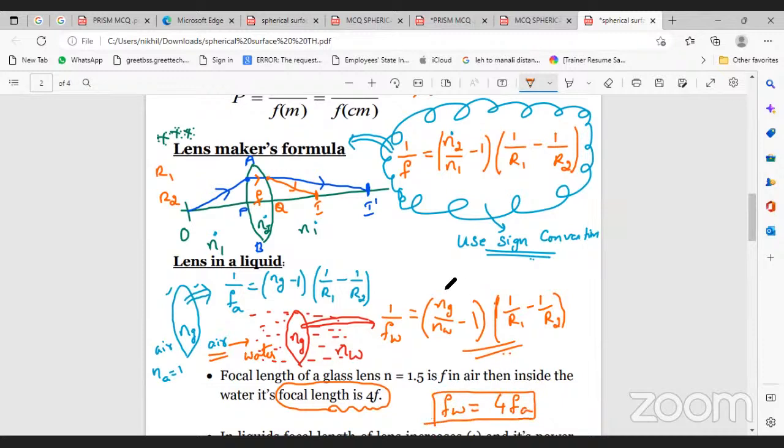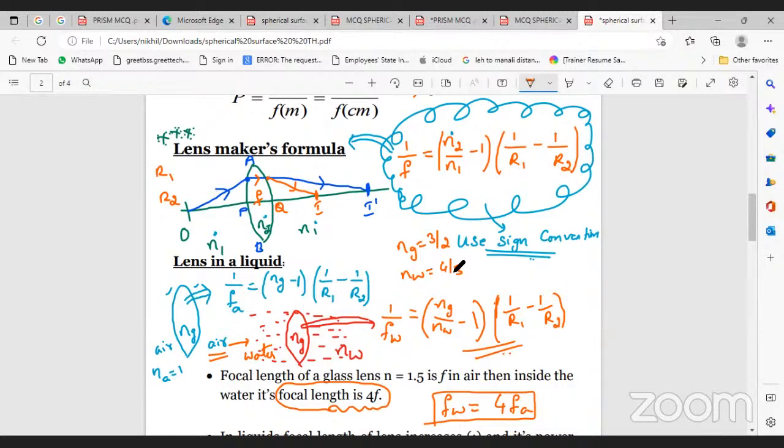You can solve this because the refractive index of glass is 3 by 2, and the refractive index of water is 4 by 3.